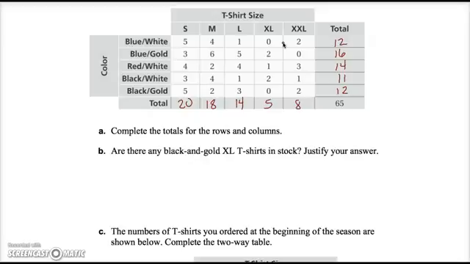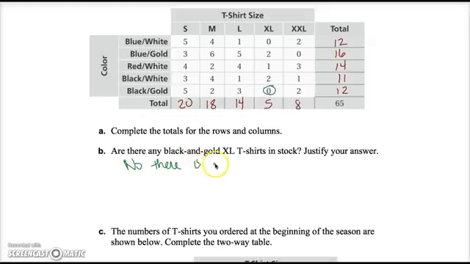Now, part B says, are there any black and gold extra large t-shirts in stock? So black and gold, I'm going to find that. That's right here. And I'm going to come over to extra large, and I want you to circle that right there. That's how many black and gold extra larges they have. So no, they don't.